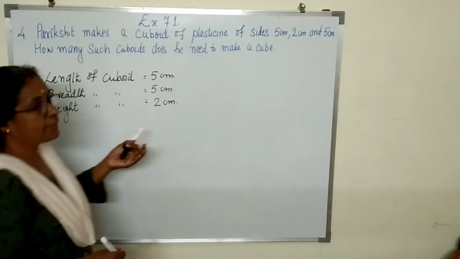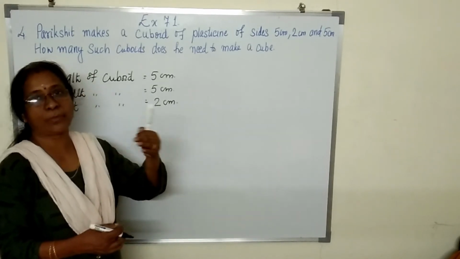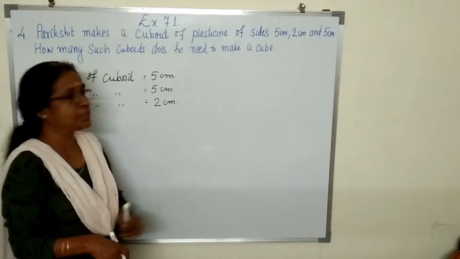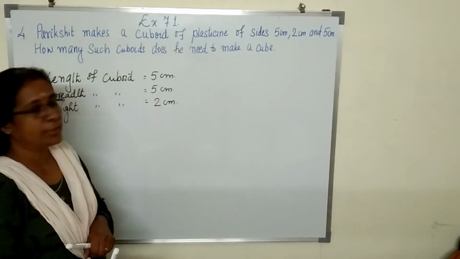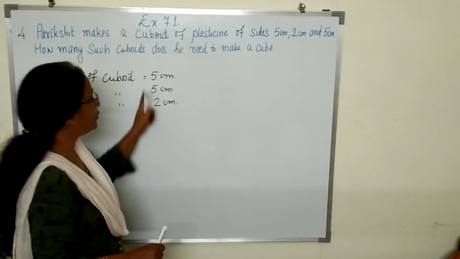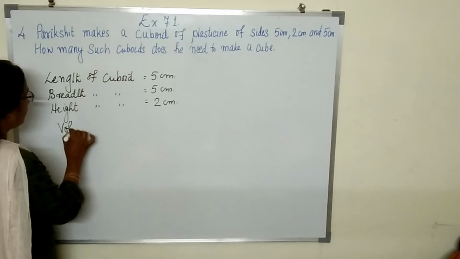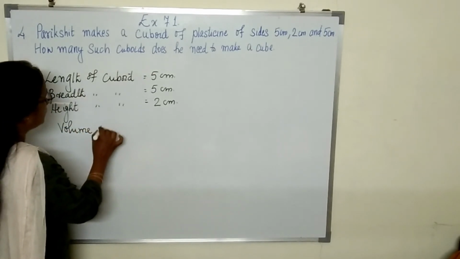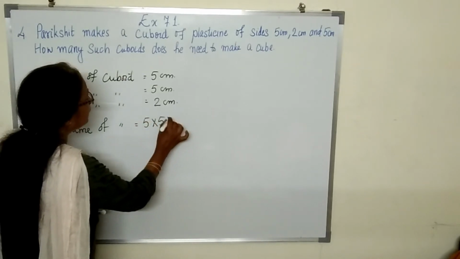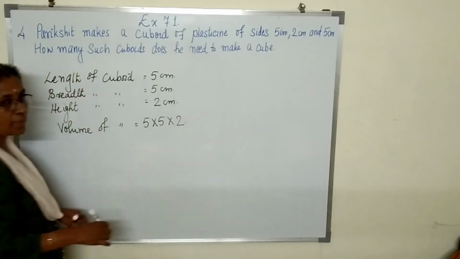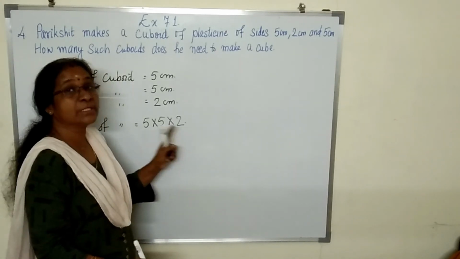Now, if you keep one cuboid on top of the other or on the side to make a cube, how many cuboids are needed? The volume of the cuboid is 5 multiplied by 5 multiplied by 2. Is this a cube? No, this is a cuboid.